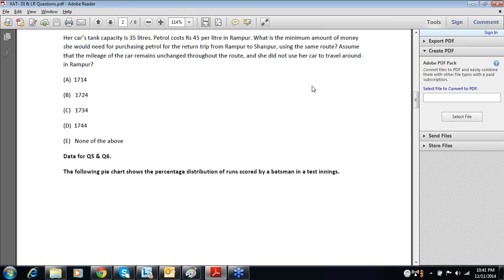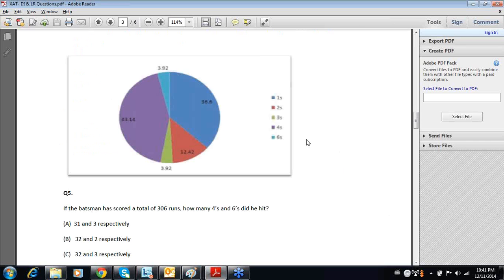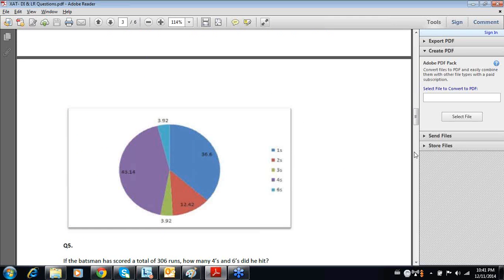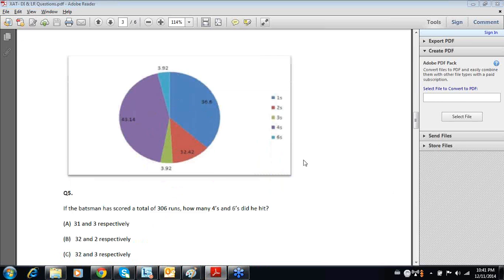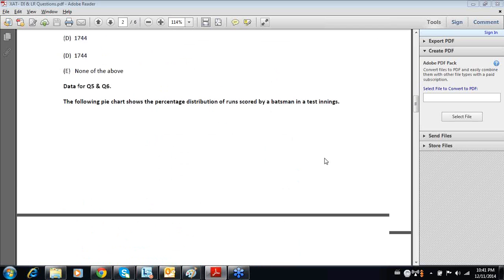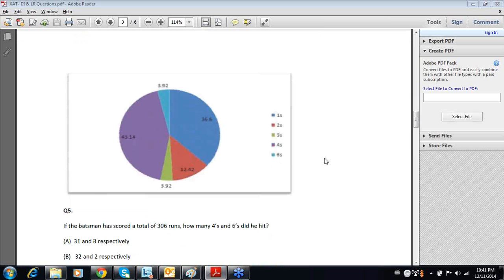Okay guys, let me solve these two questions. Most of you, I don't know why you are getting this wrong. A pie chart has been given, showing how much of the runs are scored in singles, doubles, triples, boundaries and sixes.